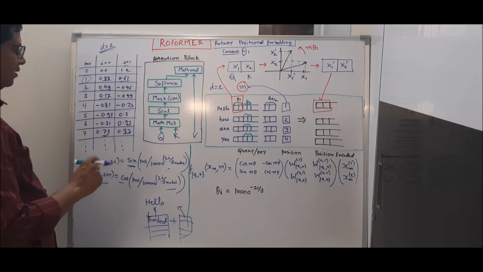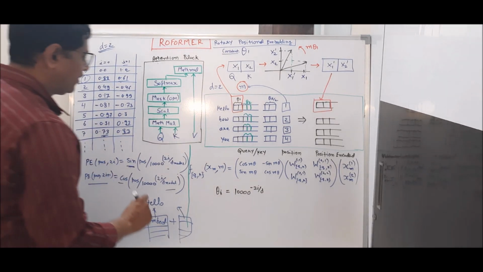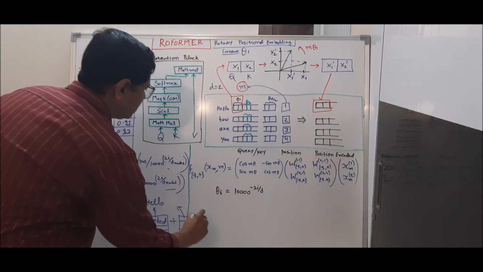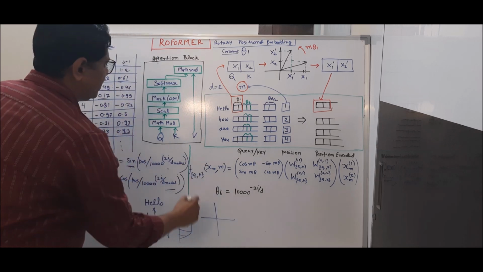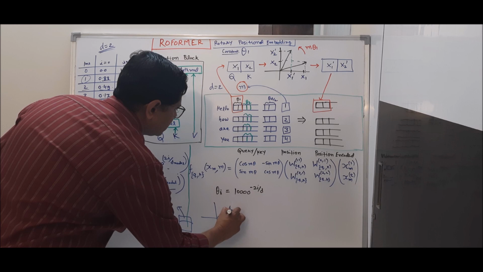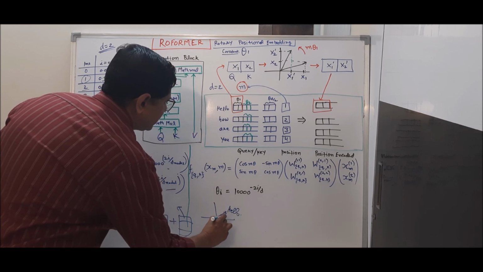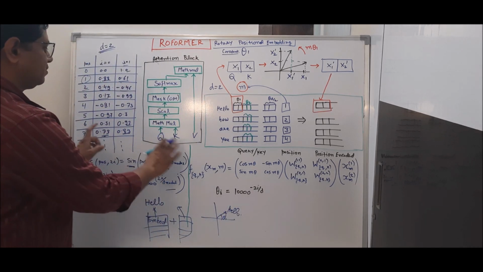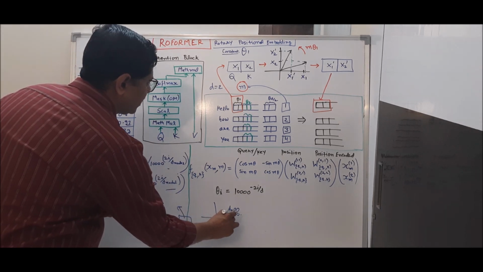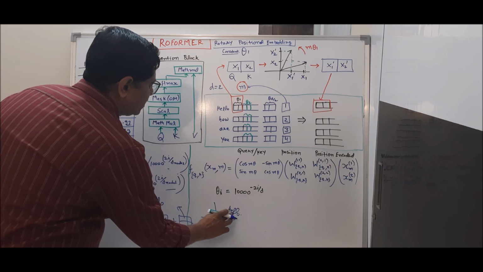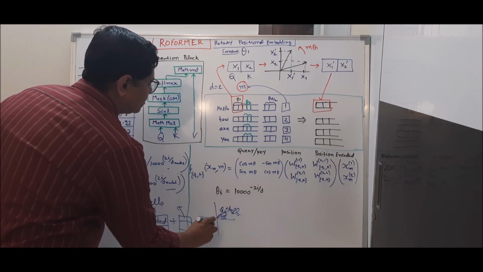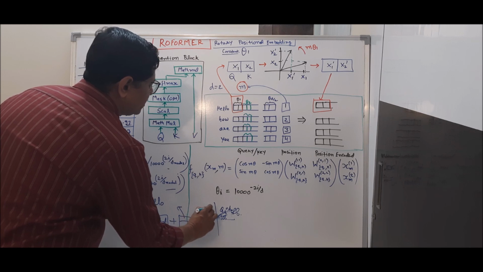Due to that, what happens when we try to map this as a rotation for every time? Suppose the first time the word hello comes, we get some angle theta 1. The next time it comes, maybe it will go very near there, and say this is theta 2. Sometimes it may go there, like theta 3.